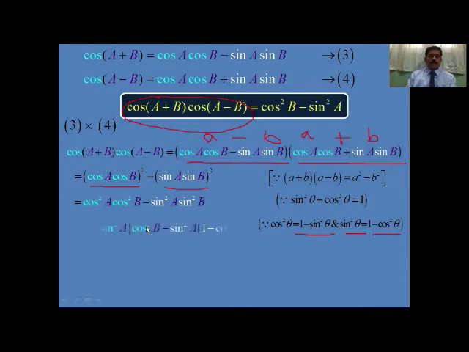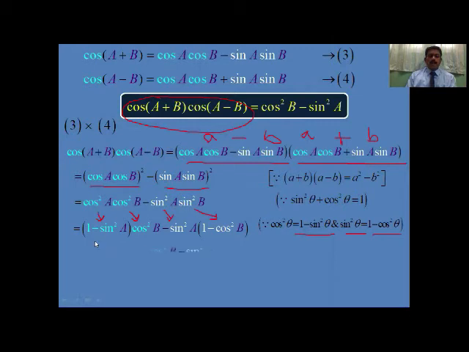So the next step is cos square A can be replaced as (1 minus sin square A) into cos square B, minus sin square A into the sin square B can be replaced by (1 minus cos square B).